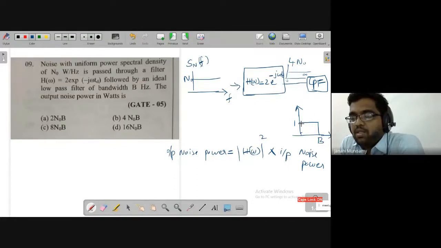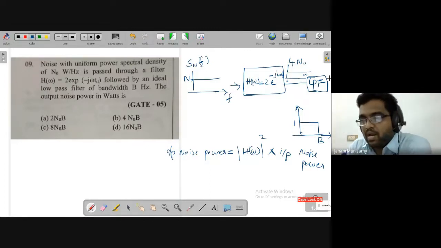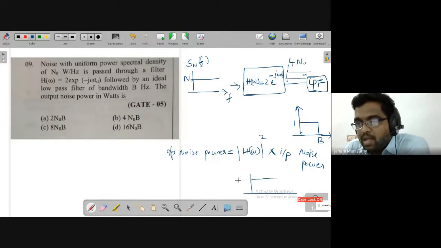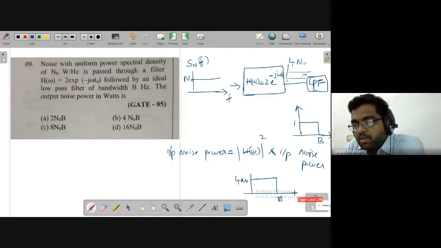So definitely there will not be any magnitude change, but there will be a bandwidth restriction, because this filter will allow the frequency only up to B. So finally at the output of the low pass filter I will get 4 times N0, but only up to the bandwidth of B.